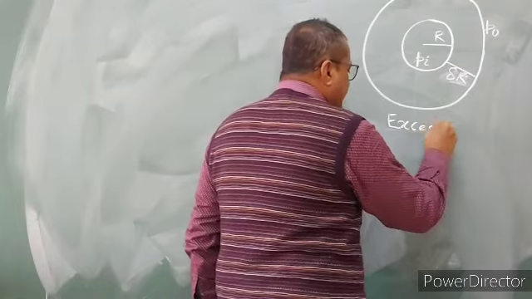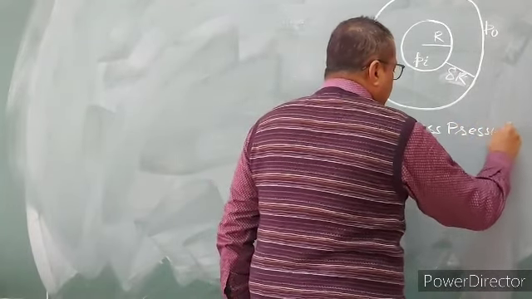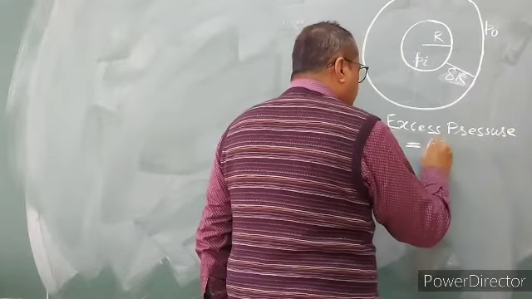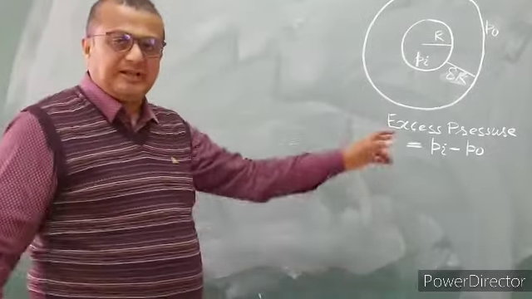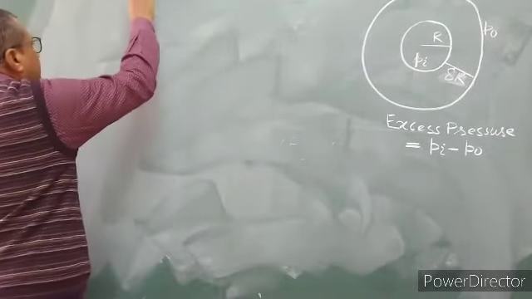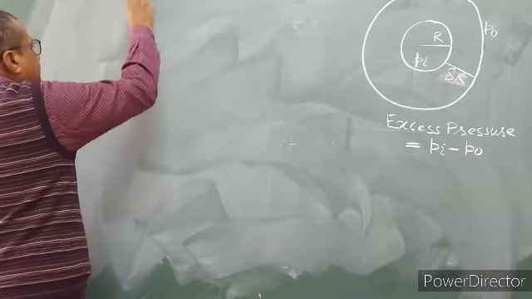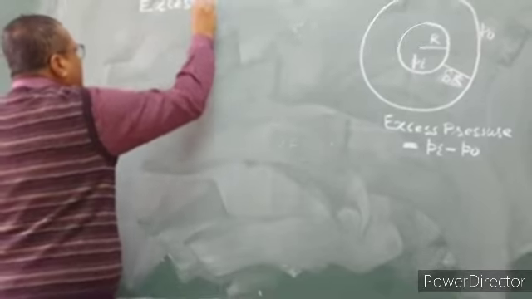Excess pressure is equal to Pi minus PO. We have to calculate this one. So, excess pressure in a liquid drop.